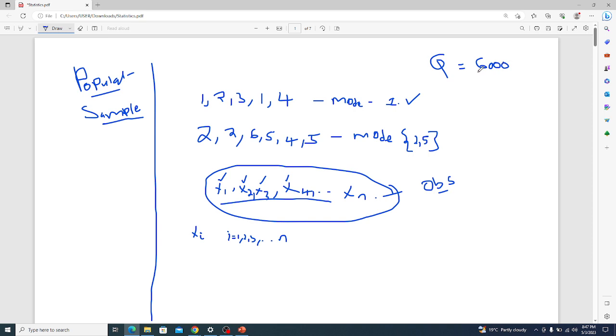So this is the population, the total values in study. Then we have sample. Of course it will be tedious to go and maybe interview all these 6,000 people.